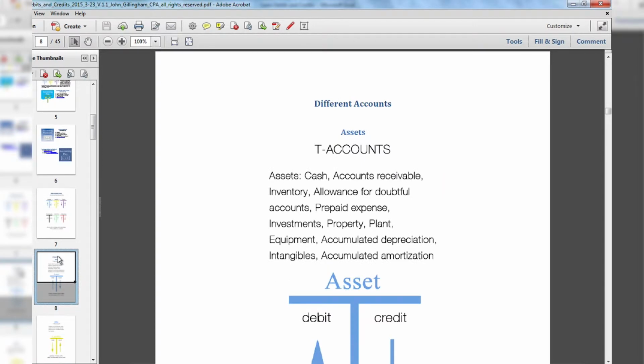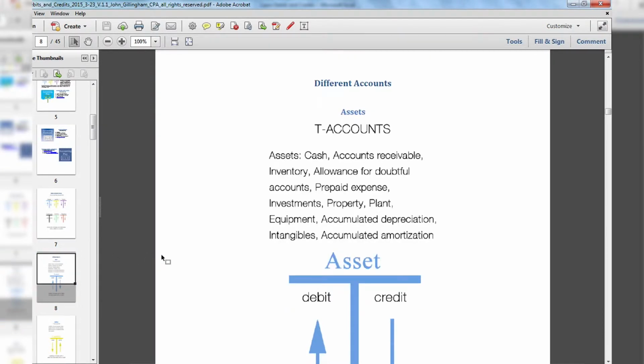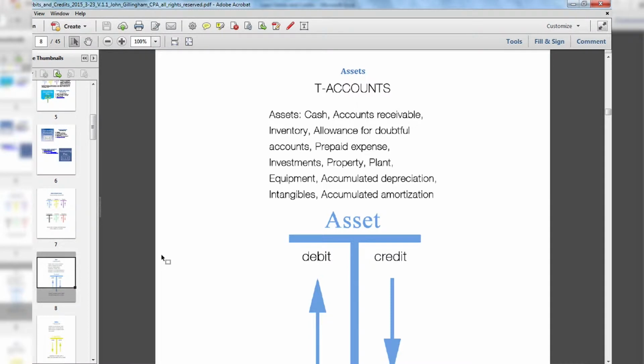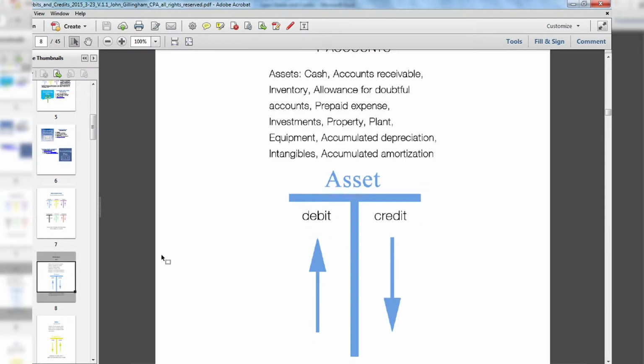Some assets are obvious, like cash. Accounts receivable is essentially when a company sends out the bills, sends out the product, and says, okay, you got your product in the mail, now pay me later. That's typically how businesses manage things. It's not an all cash basis type of thing. Inventory is an asset.